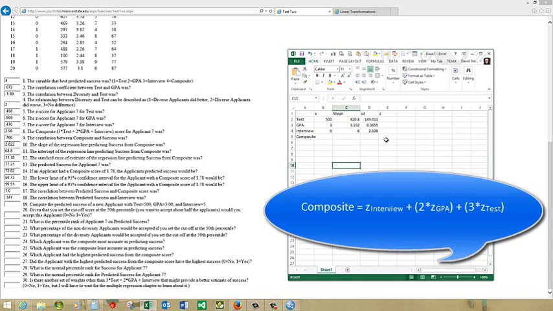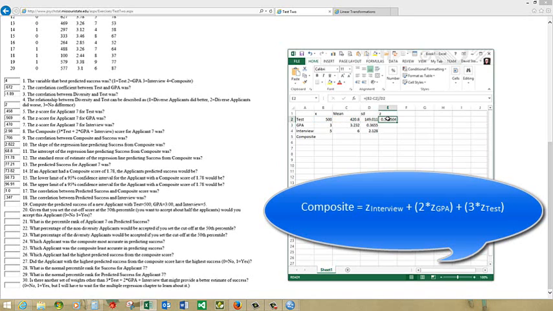Okay, so now we've got to compute the z-score for each one. All we're doing is finding the composite for this particular individual. All right, so the z-score is going to be equal to x minus the mean divided by the standard deviation.